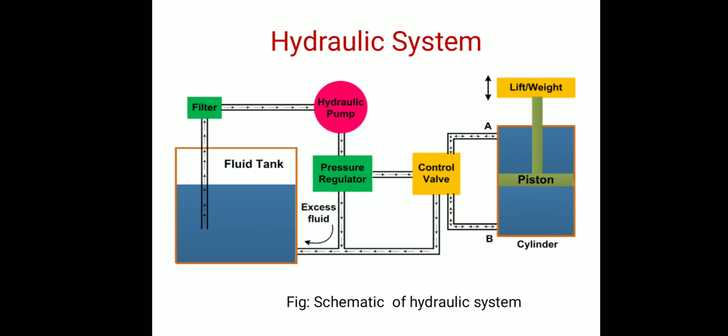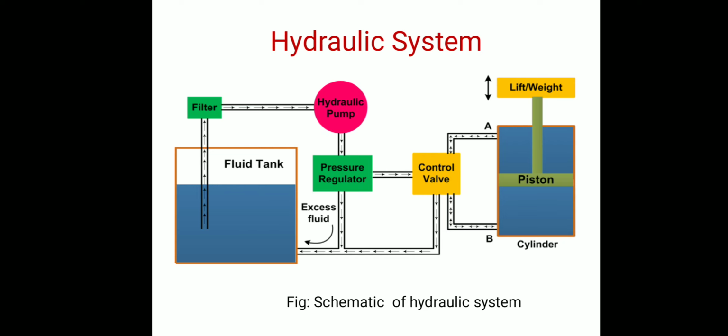The piston will move in the opposite direction. The piston will move in a to and fro motion, or top and bottom positions; the direction is indicated here. So the output shaft will lift the weight. This is completely working based on the hydraulic fluid.